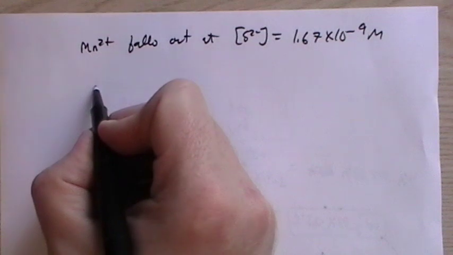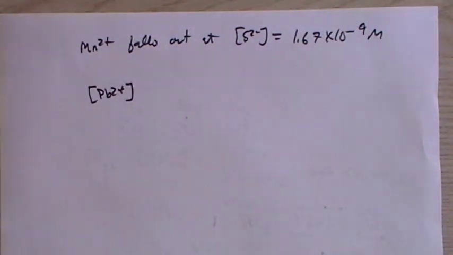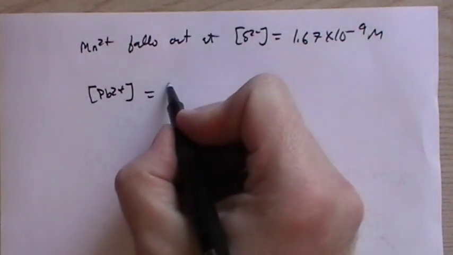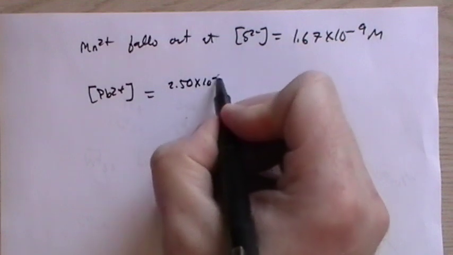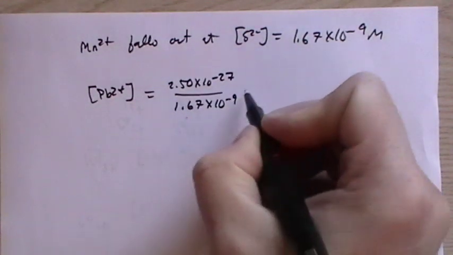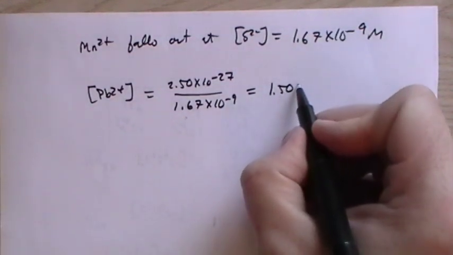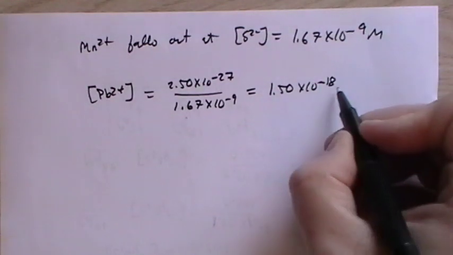So the concentration of lead is going to be 2.50 times 10 to the minus 27 over 1.67 times 10 to the minus 9. So that comes up to be 1.50 times 10 to the minus 18 molar.